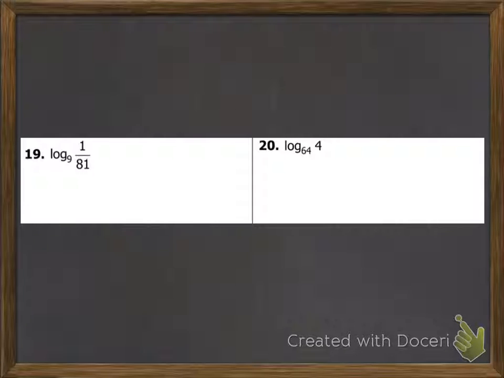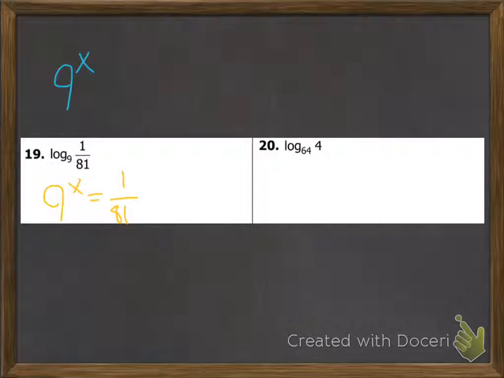So now let's look at number 19 here. Our base is going to be 9. I don't know my exponent, and it's going to be equal to 1 over 81. So now we've got a fraction. Well, we know that 9 raised to some power is going to be equal to 81, but it's got to be a little different since it's a fraction. So here, I'm going to do this on the side.